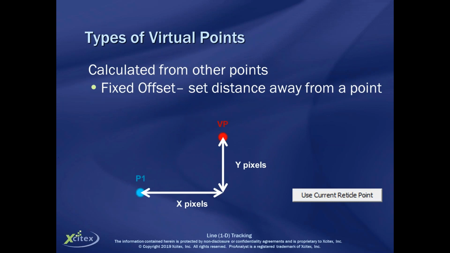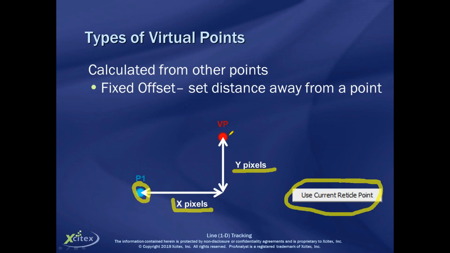We also have a fixed offset, where, again, we use the current reticle point to find the location. The idea behind the fixed offset virtual point is that we start with a single initial point, and we set X and Y pixel values to offset that point.